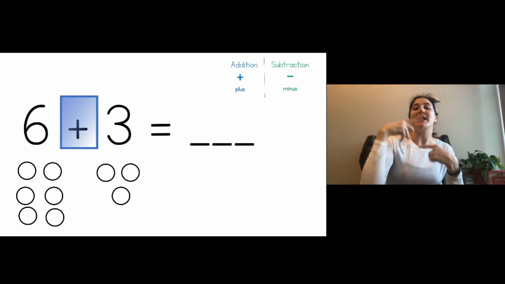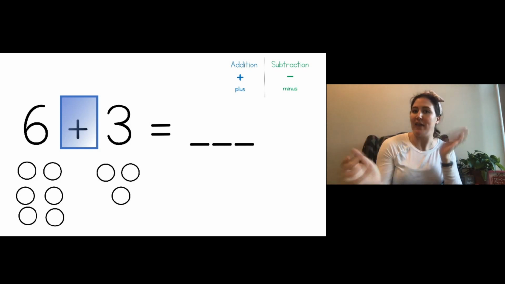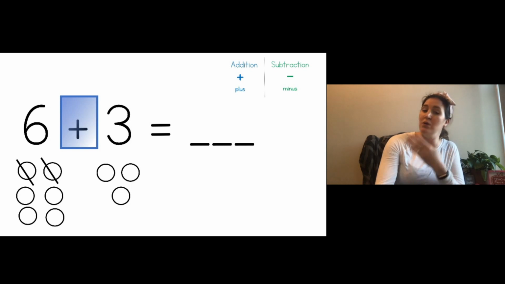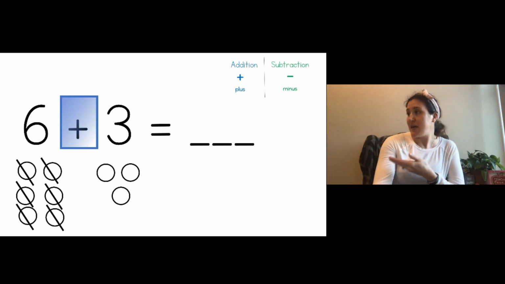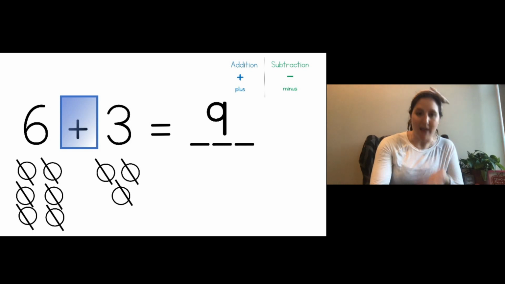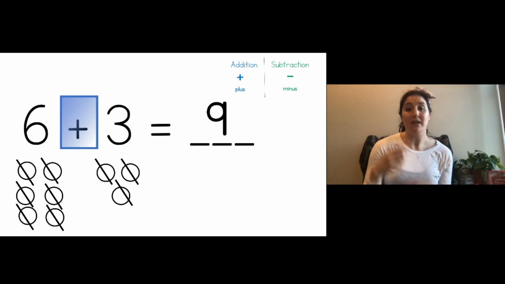And to figure out what that equals, when I'm adding, I have to count how many there are all together. 1, 2, 3, 4, 5, 6, 7, 8, 9. How many are there all together? 9. So 6 plus 3 equals 9.